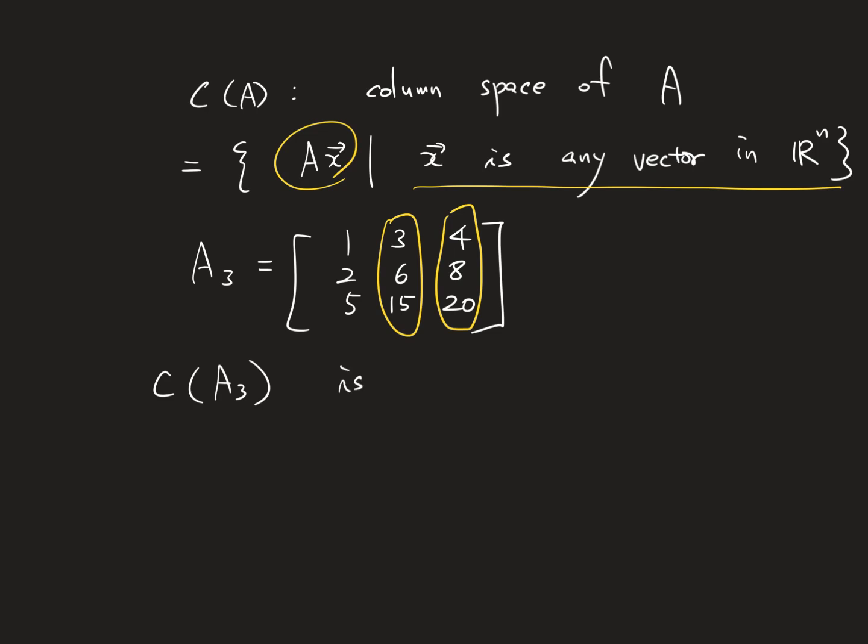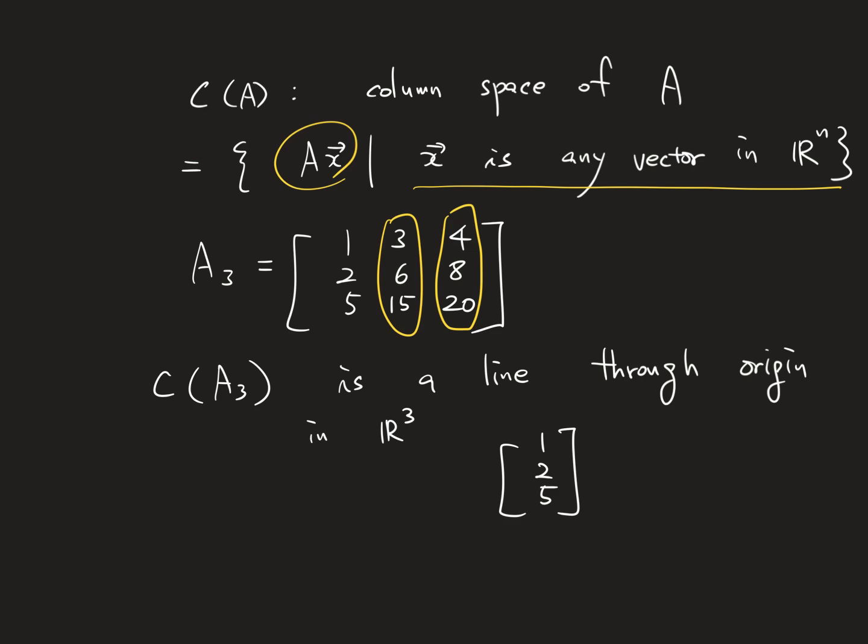It is a line through the origin in R3. This line should include the vector 1, 2, 5.